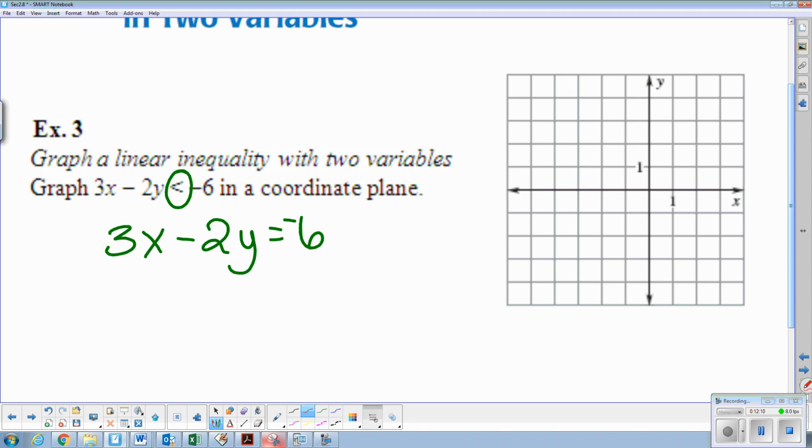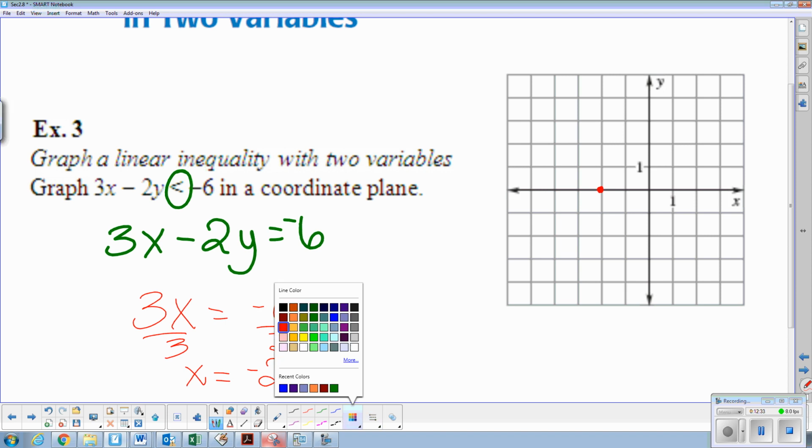Our x-intercept is when our y is 0. So 3x equals -6. Our x is -2. So let's graph that point first. Our x is -2, our y is 0. And then our y-intercept is when x is 0.